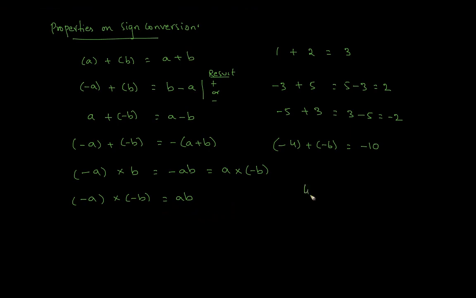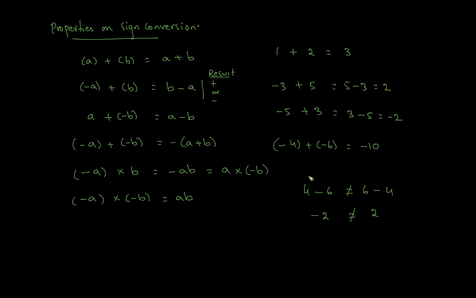Similarly, 4 minus 6 is not equal to 6 minus 4, right? See, 4 minus 6 is minus 2, and 6 minus 4 is 2. So this rule is very important, guys. So a minus b is not equal to b minus a, right? Understood?